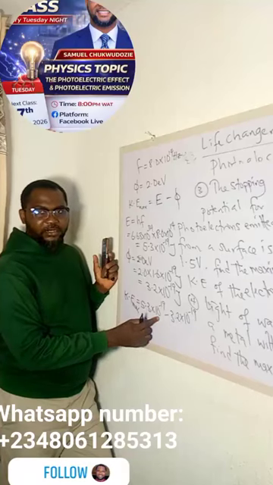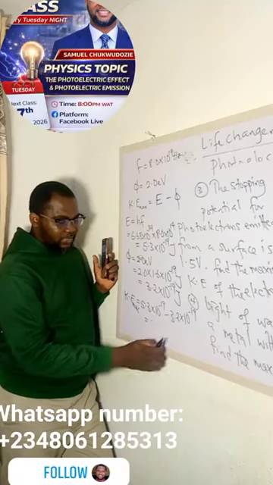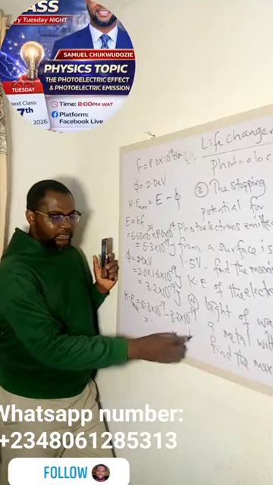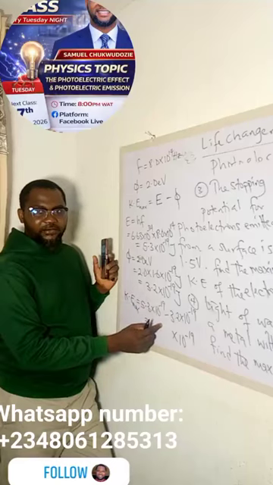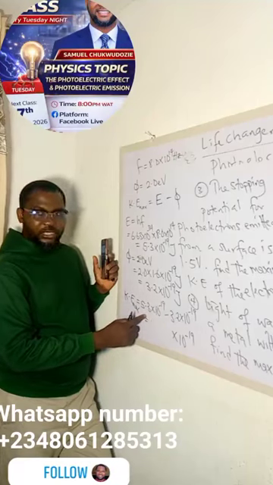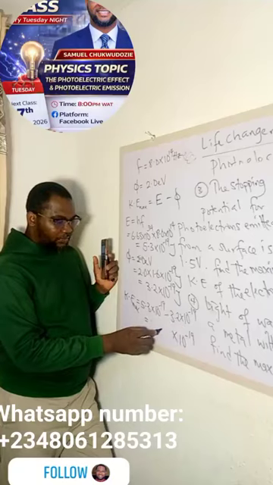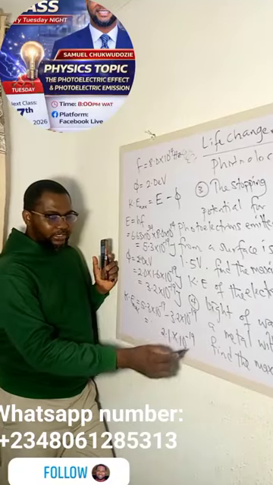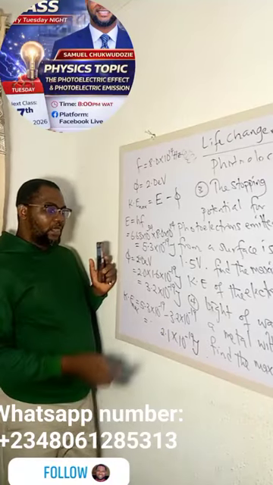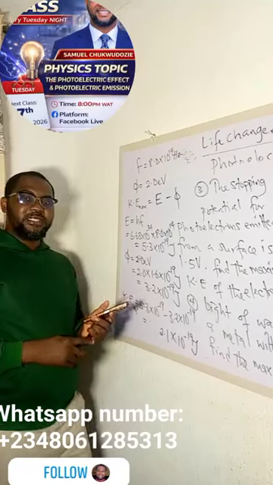This is 10 to the power minus 19, and this is 10 to the power minus 19, so you keep that constant. That's how you subtract standard form. Then you subtract 5.3 minus 3.2, which gives us 2.1. So this is the final answer, 2.1 times 10 raised to the power minus 19 joules.